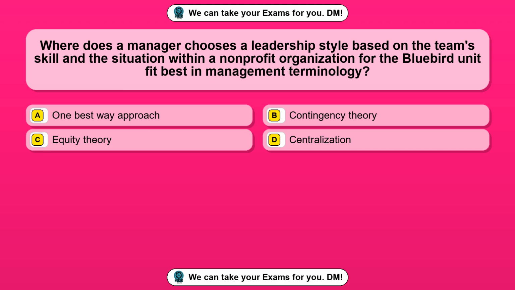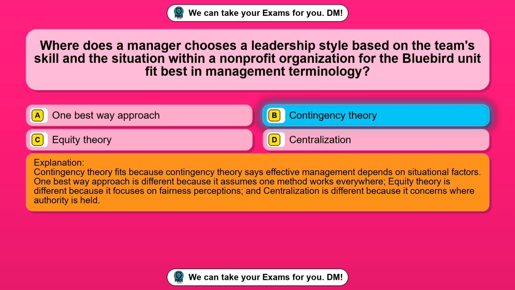Where does a manager who chooses a leadership style based on the team's skill and the situation within a non-profit organization for the Bluebird unit fit best in management terminology? Option A, one best way approach. Option B, contingency theory. Option C, equity theory. Option D, centralization. The correct answer is option B, contingency theory.